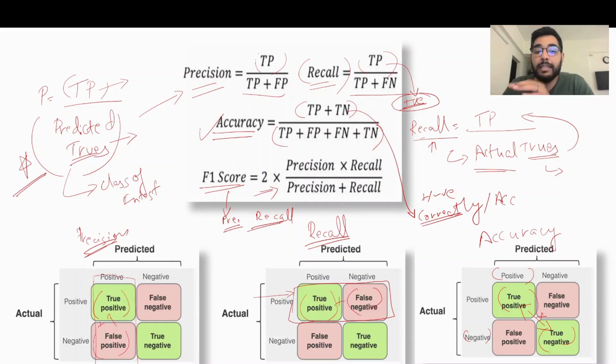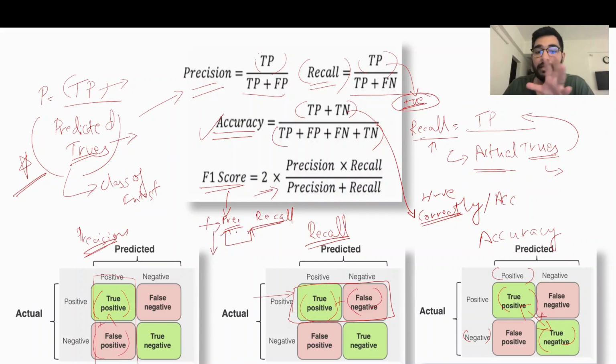Essentially, since precision and recall are negatively correlated, which we'll discuss deeply in another video, but to give you a sense: if the precision goes up, the recall will go down. This is what is meant by negatively correlated.